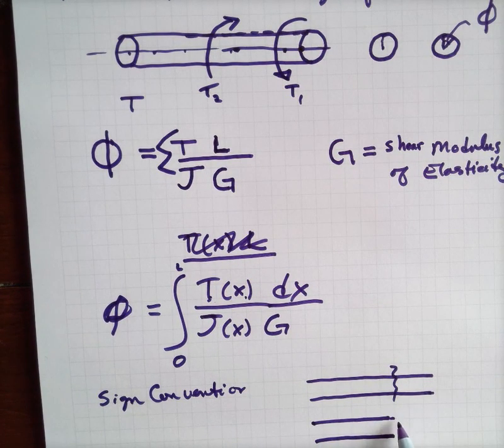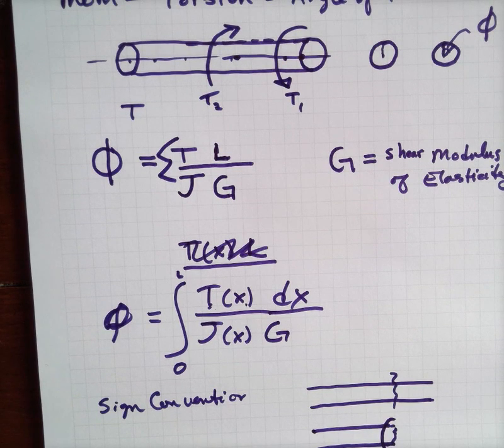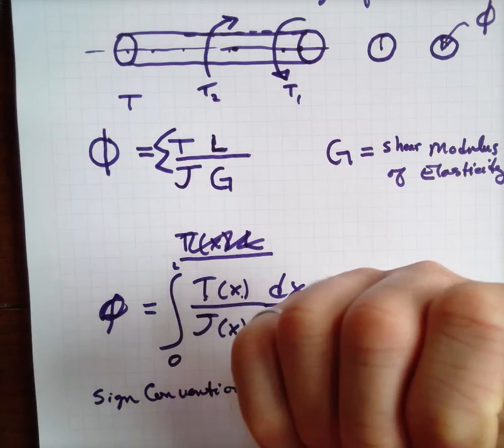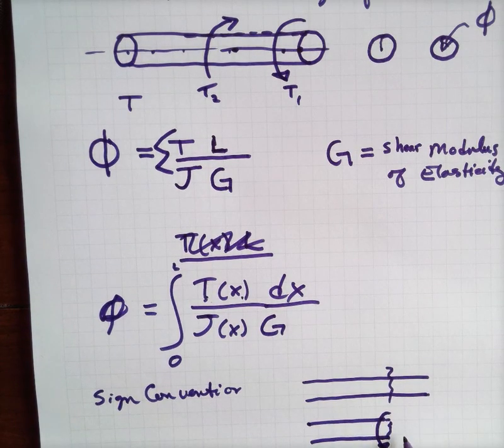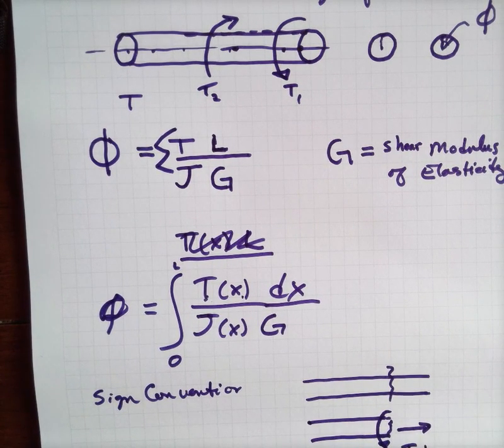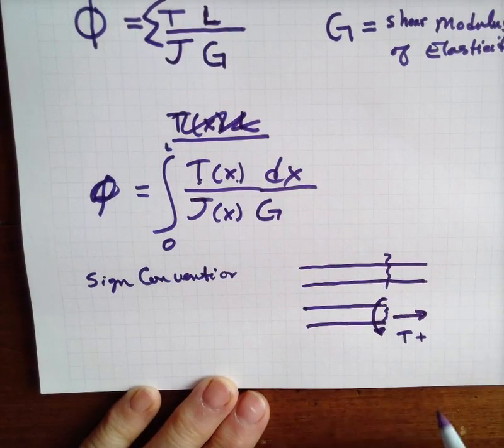If the internal torque there is such that when you wrap your right hand around in the direction of the torque and your thumb points outward, we call the torque positive and the angle of twist positive.